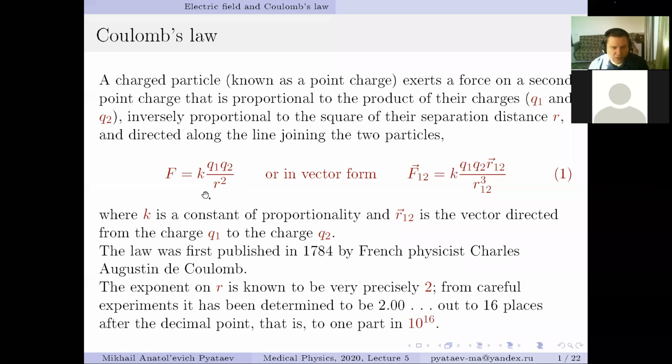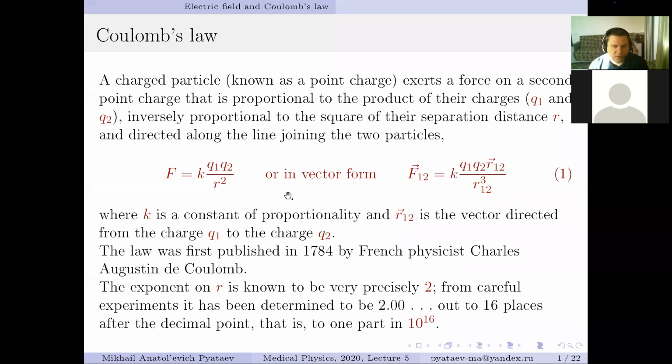Initially, it was found by Coulomb that this force is inversely proportional to R squared. And now this power, the exponent of R, is measured with very high precision, and it is shown that this exponent is equal to 2 with the precision of 10 to the power minus 16, so very, very high.